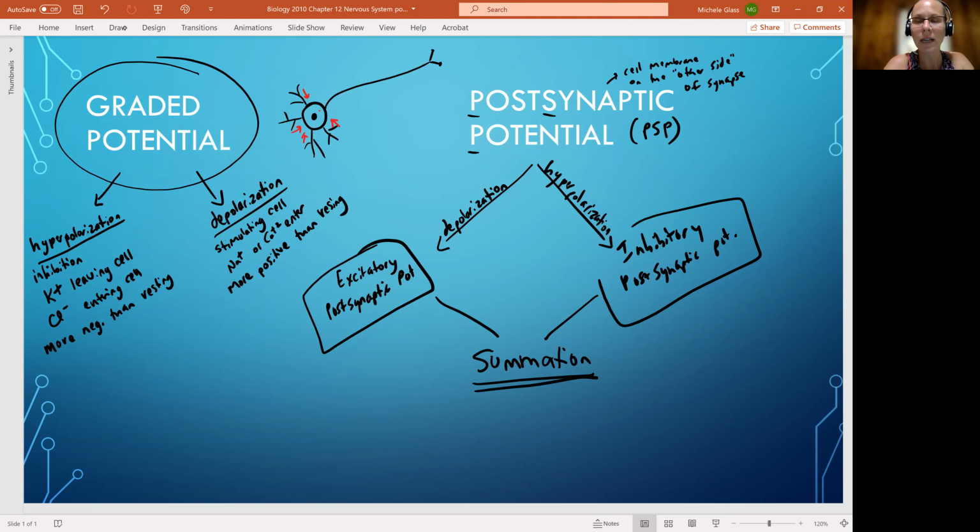If you're getting all inhibitory signals, you don't get to threshold. If you're getting a couple excitatory but mostly inhibitory, you don't get to threshold. So it's this combination of how much excitement and how much inhibition you're receiving that determines whether that cell actually gets to threshold or not. Remember, the key thing is if you get to threshold, you get your action potential.